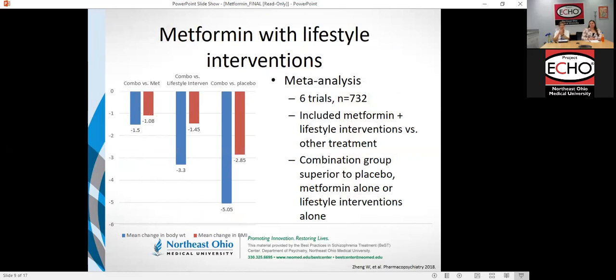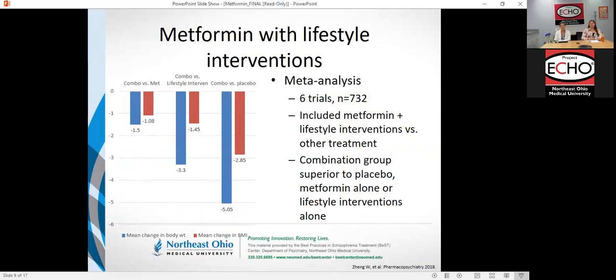Interestingly, in February of this year, this meta-analysis came out that looked at the potential impact of both metformin combined with lifestyle interventions. So the lifestyle interventions included dietary counseling, so encouraging an appropriate diet, as well as increasing physical activity. So this meta-analysis was only 6 trials, 732 patients.